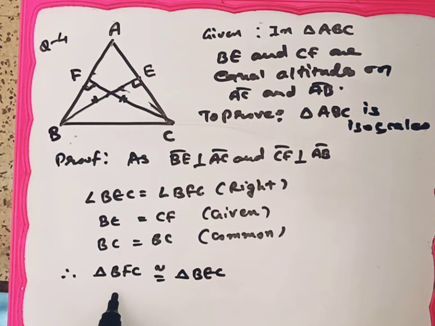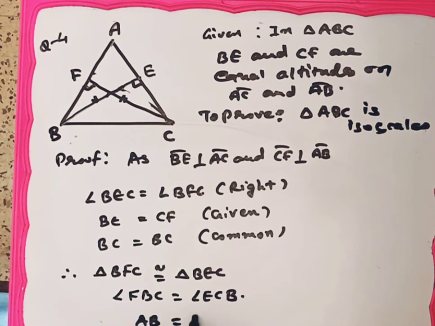So we can write that angle B equals angle C by CPCT. As two angles are equal, their opposite sides are also equal, and so AB equals AC. As two sides are equal, we can say that triangle ABC is an isosceles triangle.